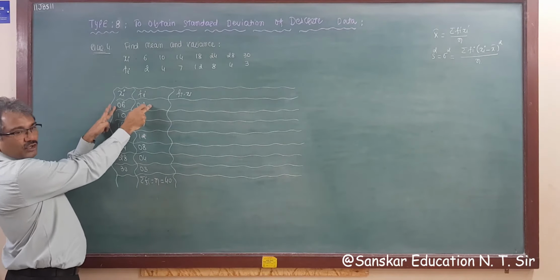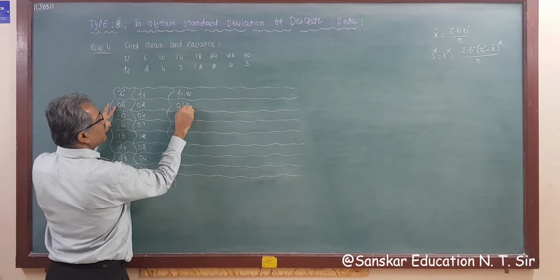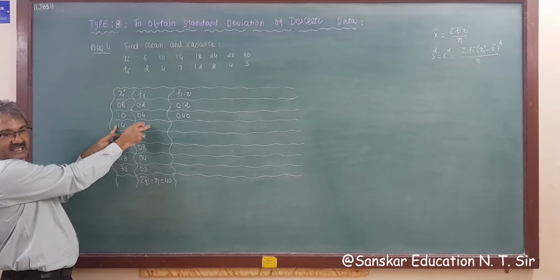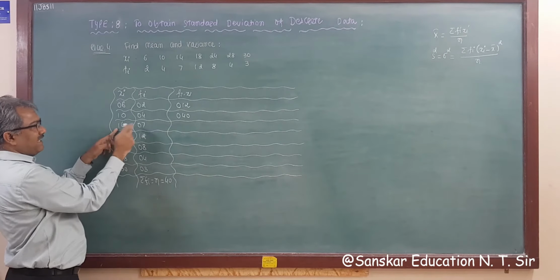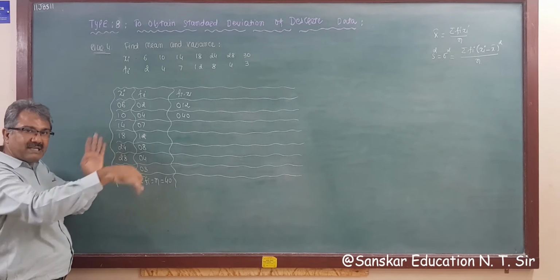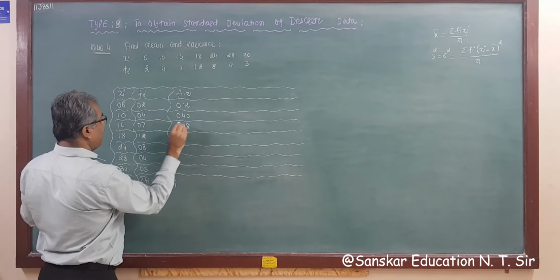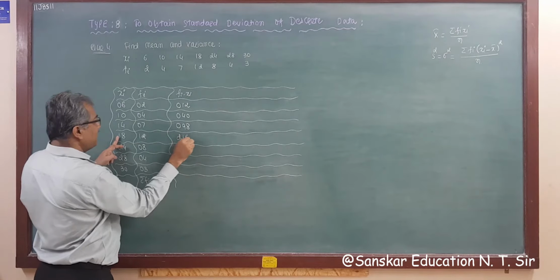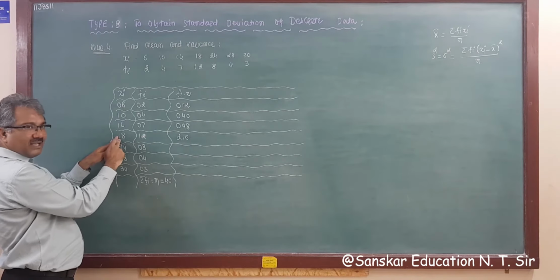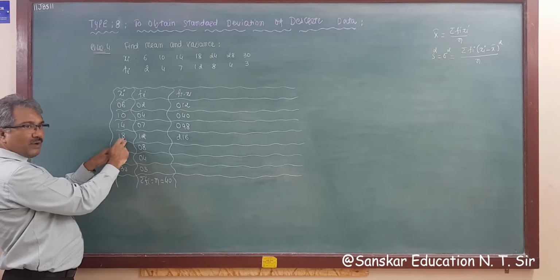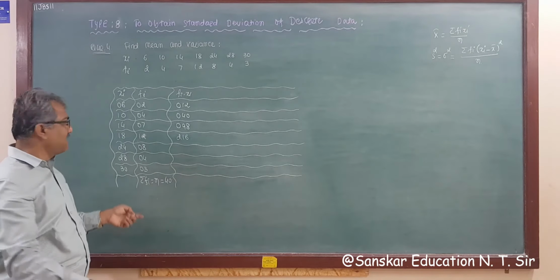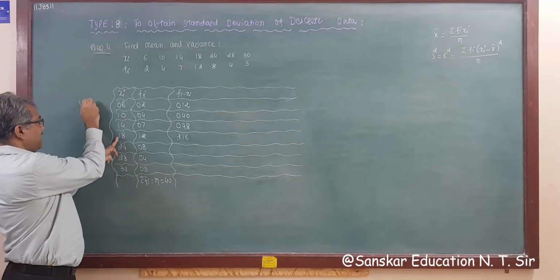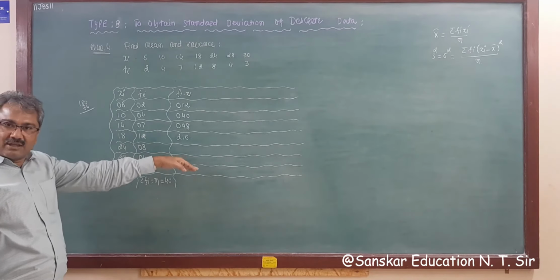You have to multiply these two. 6 into 2 is 12. 10 into 4 is 40. 14 into 7 is 98. 12 into 18 is 216: 12 into 10 is 120 and 12 into 8 is 96, so 120 plus 96 is 216, that you know.